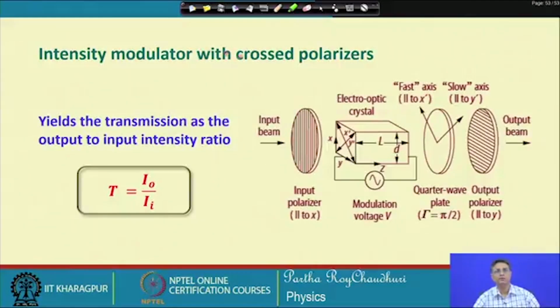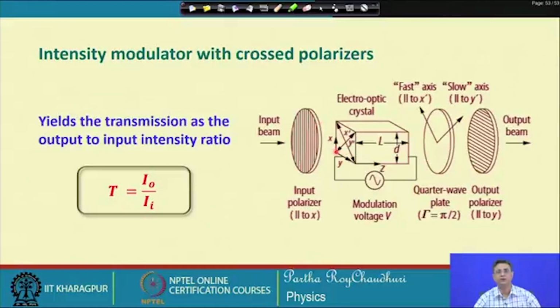Intensity modulator with crossed polarizers: in this case you have the pass axis of the input polarizer along the old principal axis. It could be x or y. Then the light can be thought of as split into two orthogonal polarizations, x prime and y prime.